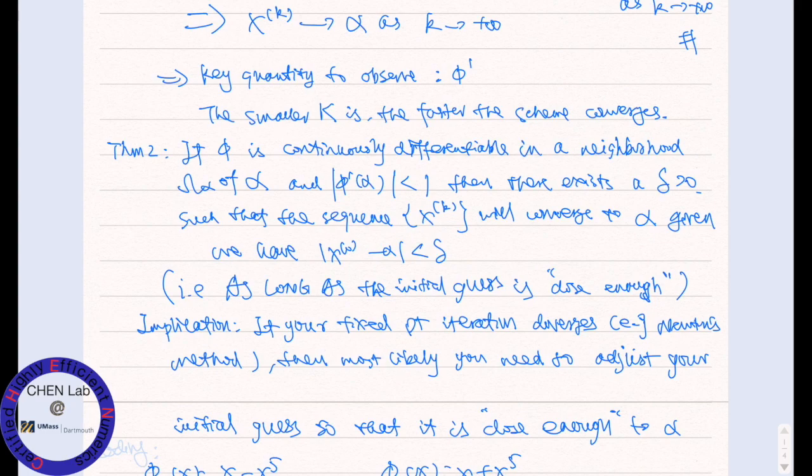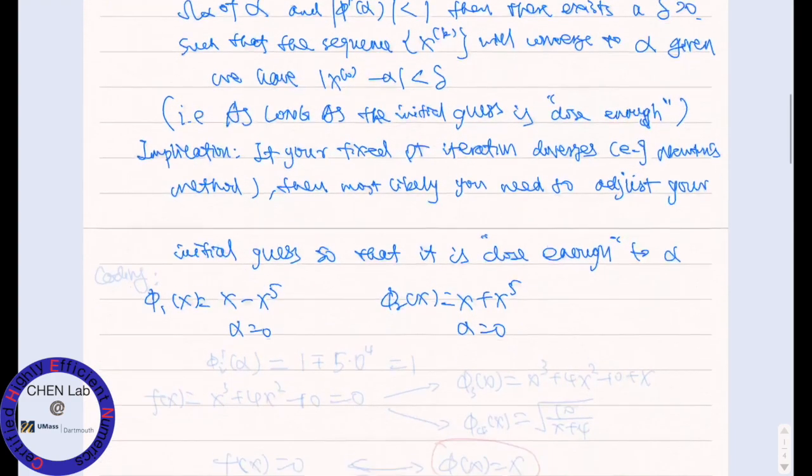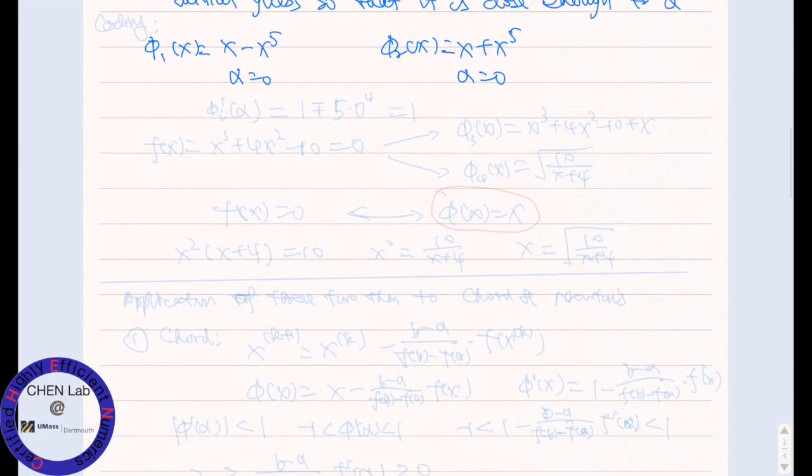And it's quite interesting in the sense that certainly they both have alpha equals 0. Those are simple. If you plug in 0, you get 0. So 0 is a fixed point.